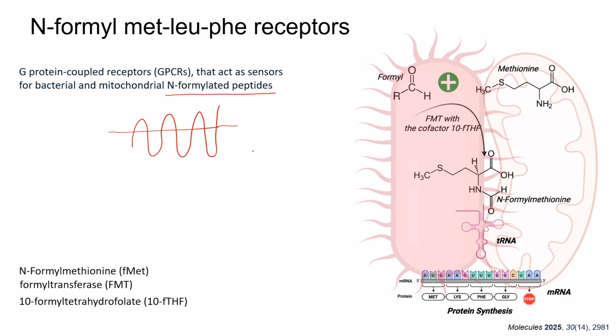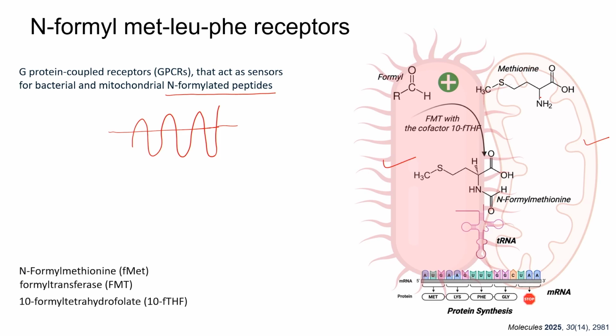N-formylated peptides are very specific peptides, or proteins, produced either by bacteria or, in the host cell, by mitochondria because of the bacterial origin of mitochondria. Let's look at how these N-formyl peptides are produced.